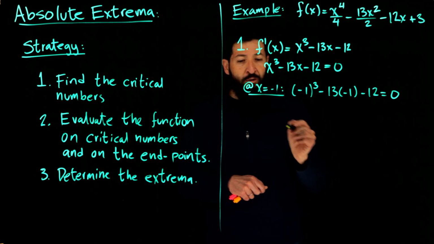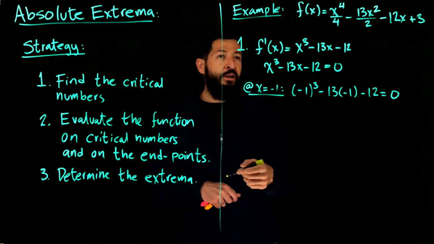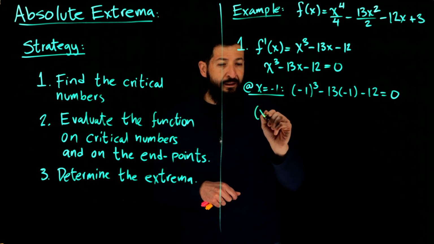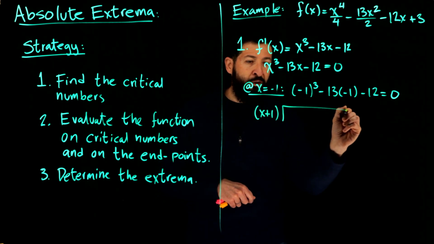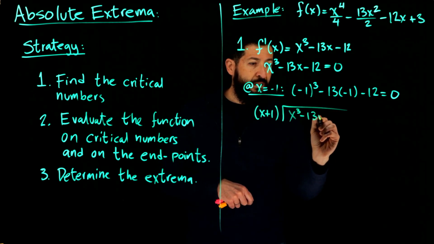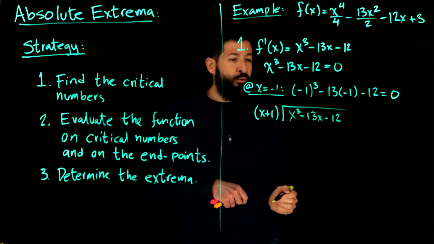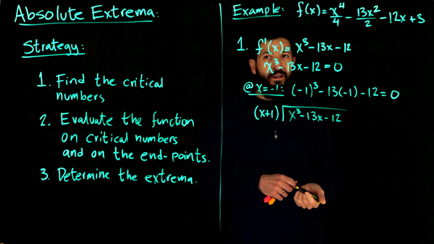So perfect. So what we know now is that since x equals negative 1 is a root, we can then divide the polynomial by x plus 1 in order to find a quadratic polynomial that we can then solve with the quadratic formula.